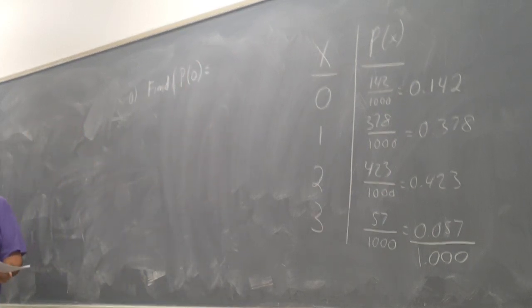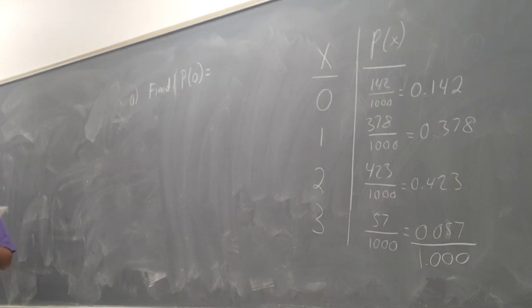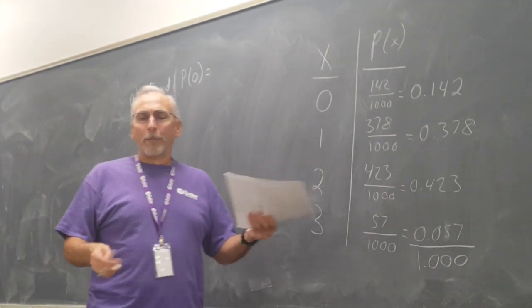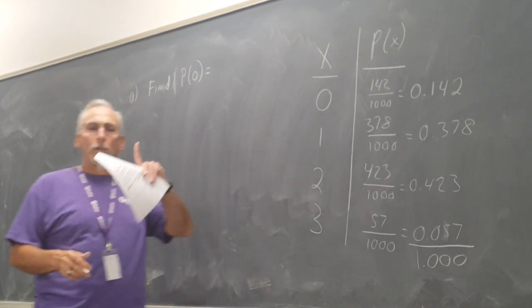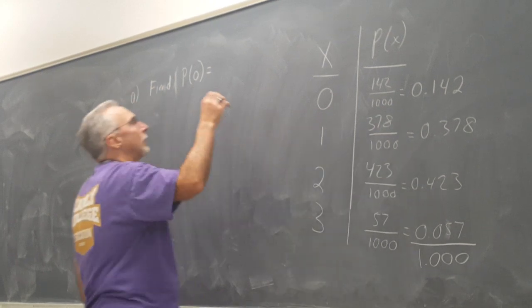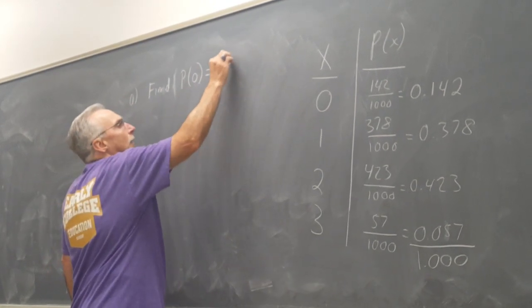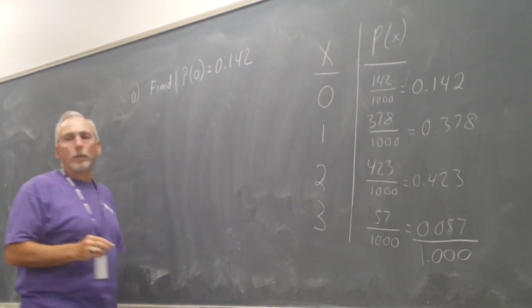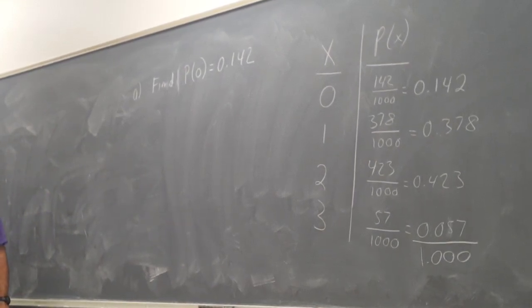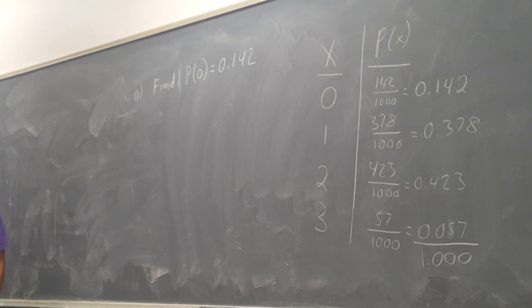And what that really means is what's the probability if I randomly choose somebody's name out of a hat that name or that household will have 0 cars. And so you just look off your distribution or off your histogram. Right, so it's 14.2% or 0.142 is the probability that you would have 0 cars.